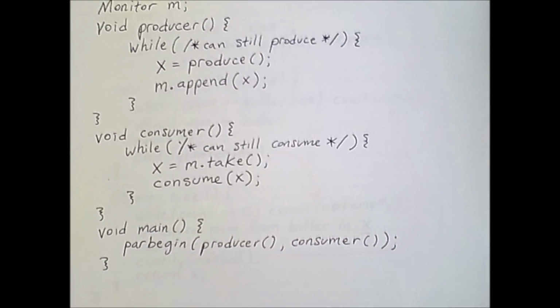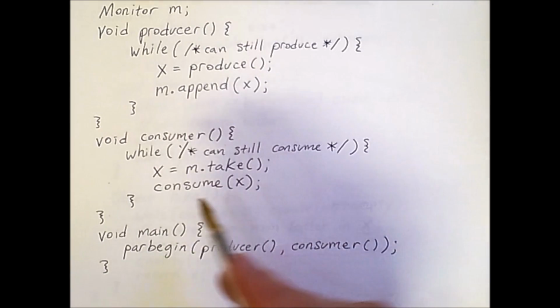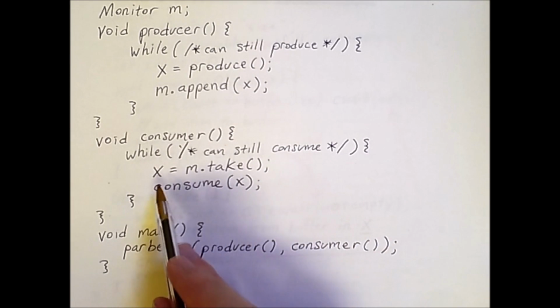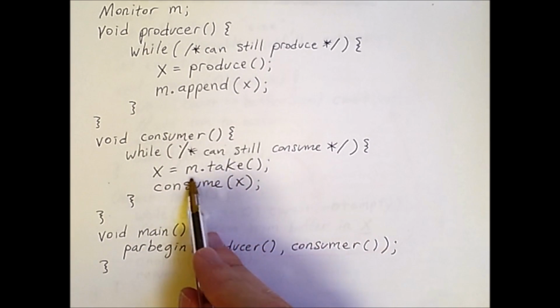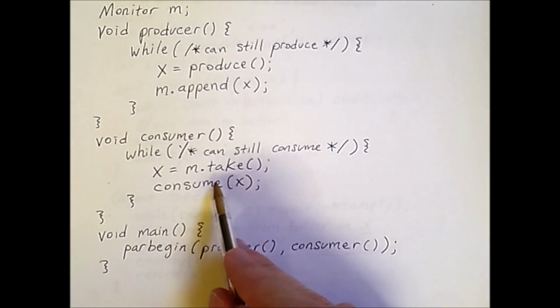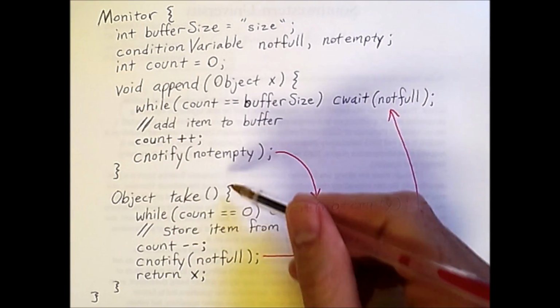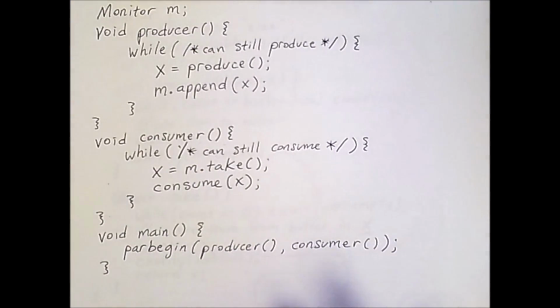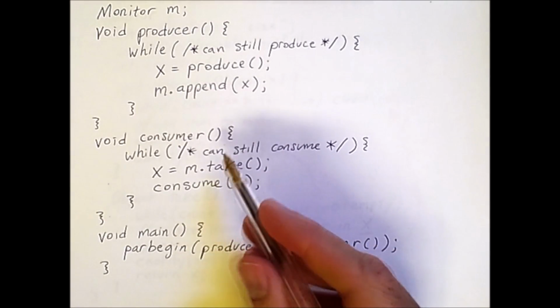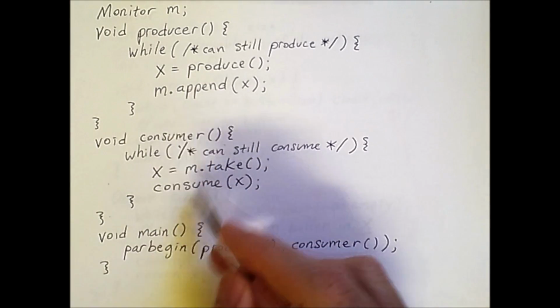And then in the consumer thread, we have a while loop, and we start off with a take command. And so m is our monitor, and so we take a value, and that is this code here. And then once we take the value, we consume it, and the loop continues.